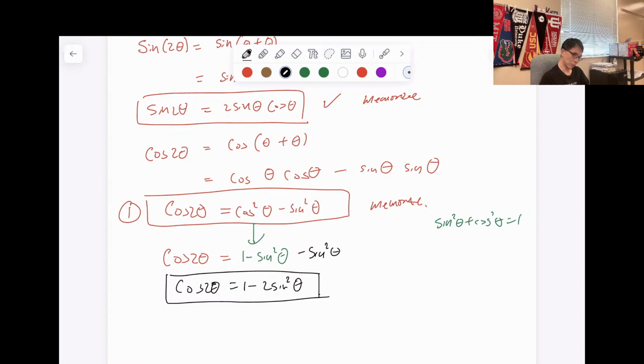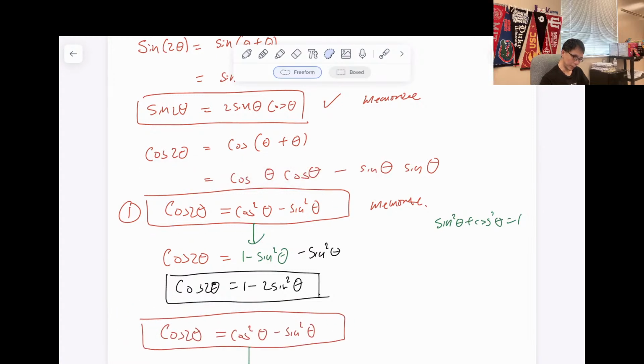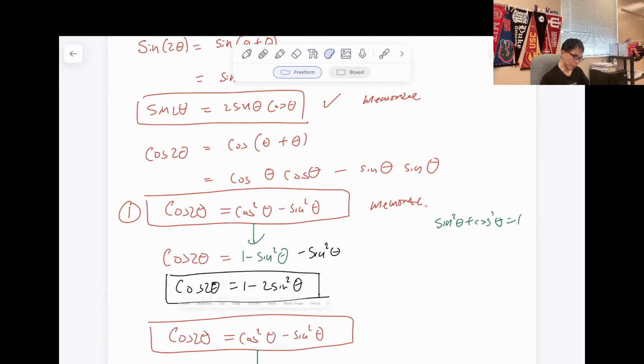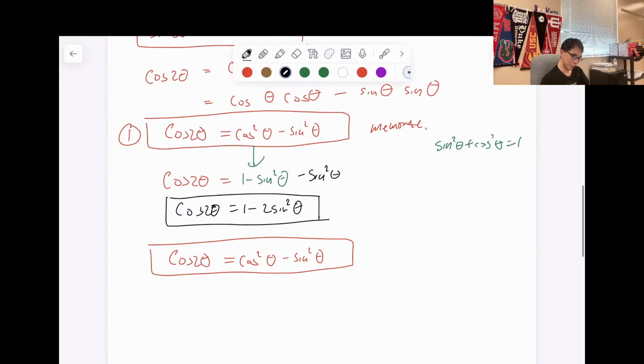Now, I am going to copy this one again and paste right here. Instead of switching cosine to sine, I'm going to switch the other way. This becomes 1 minus cosine squared theta, and I'm going to keep this one the same.